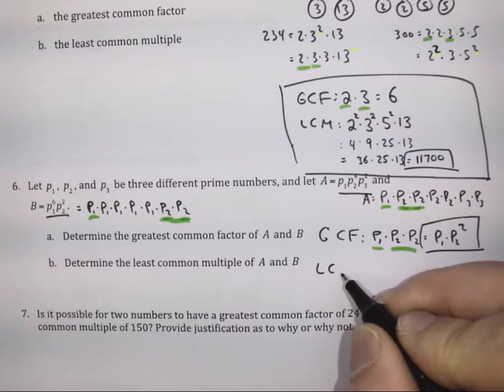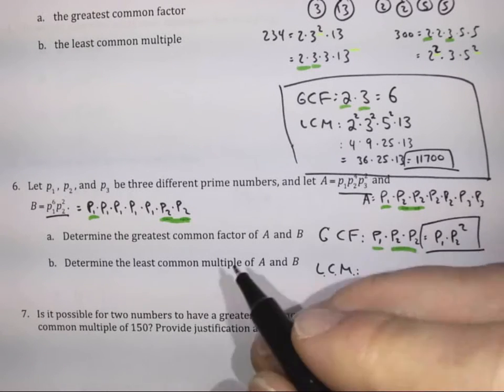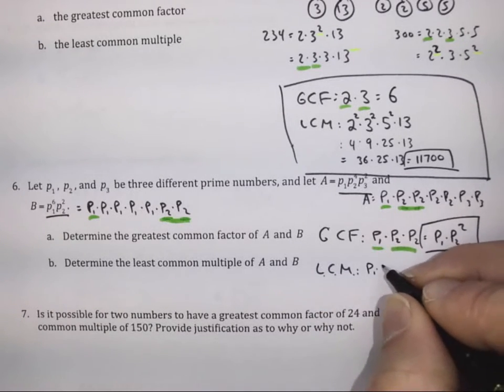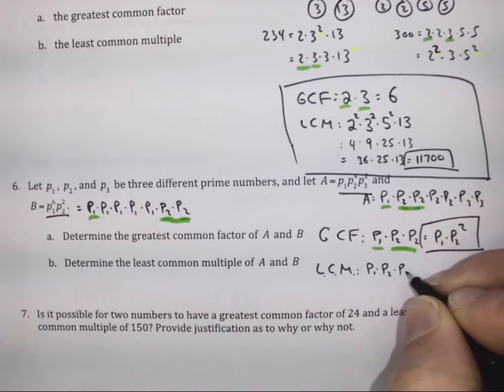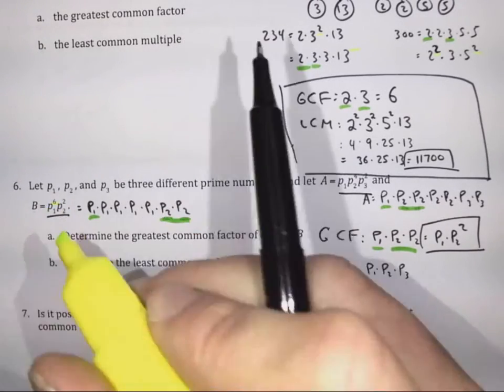My LCM. Okay, so here I'm going to list each of the primes that show up in either of these factorizations: P1, P2, and P3. And I'm going to write the highest power that shows up for each of them. So the highest power of P1 is 6.